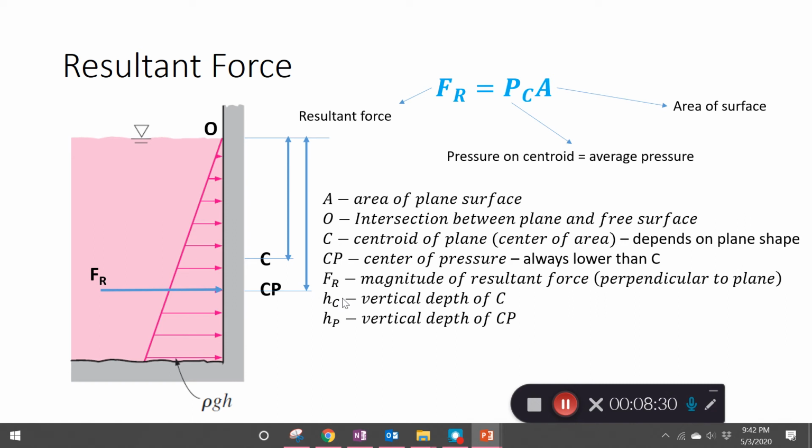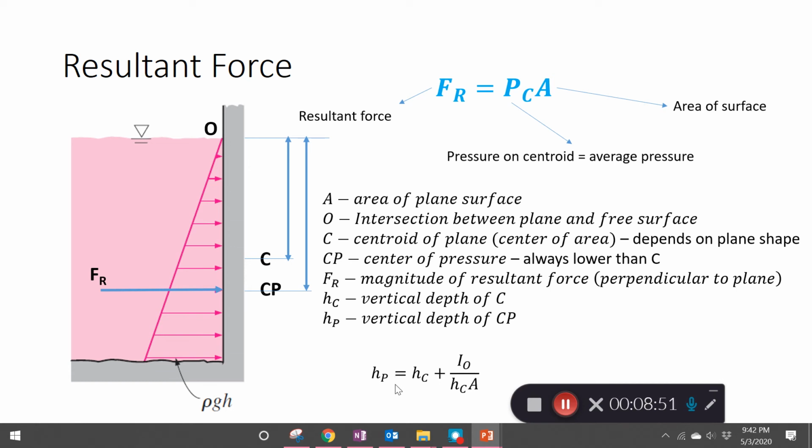So now the unanswered question is, where is the Cp? Where should it be? Why is it there? And how do we get the value of the height? How do we get this arrow, Hp? The answer is you can solve it using this equation.